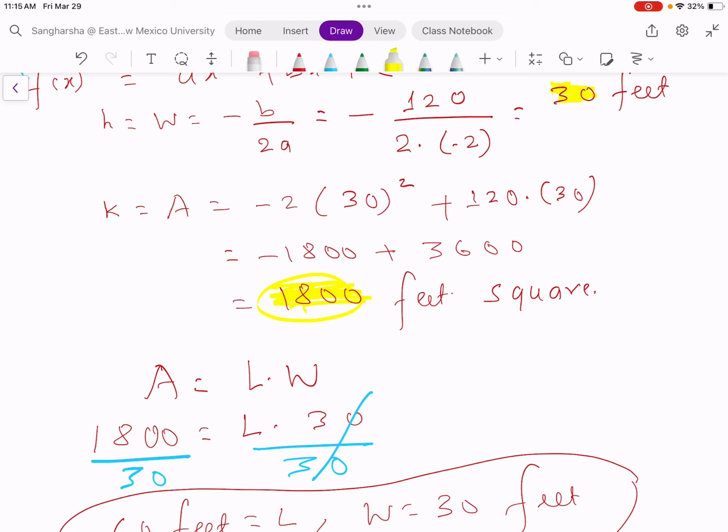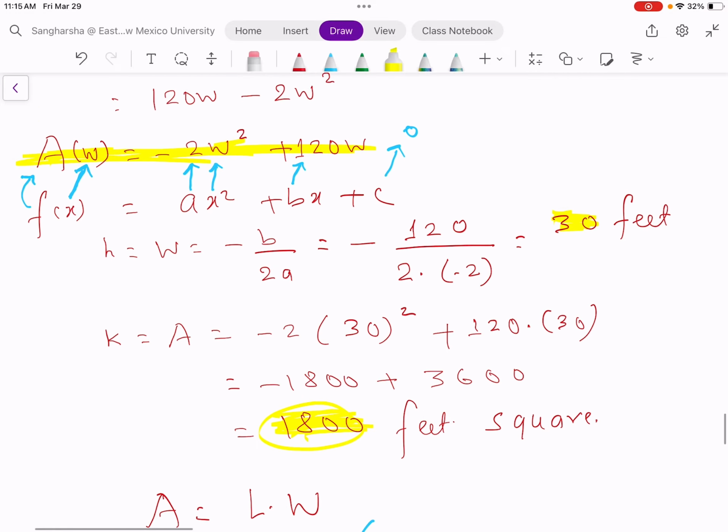But make sure you will be given a quadratic function, or sometimes you might need to find the quadratic function like we did here, or sometimes you will be given a quadratic function and you just need to find the vertex and interpret that. Any questions? These are the types of questions you need to practice from this section.